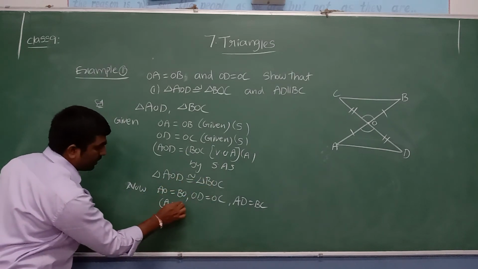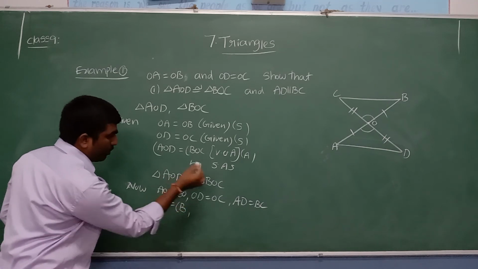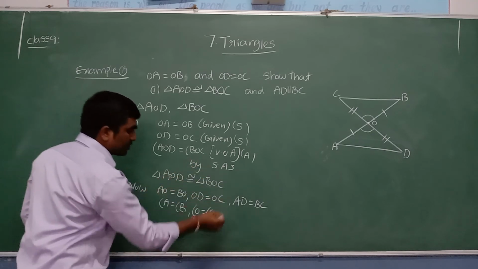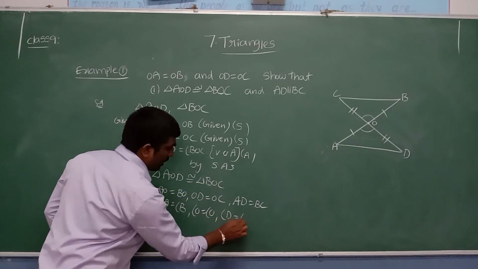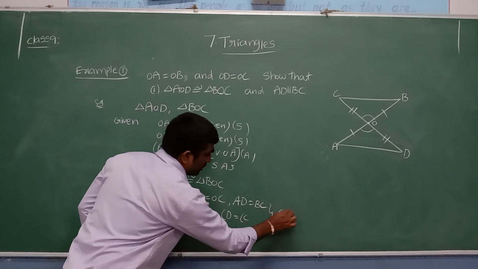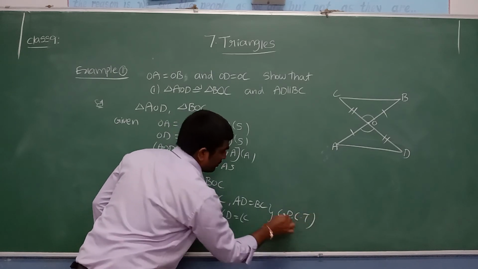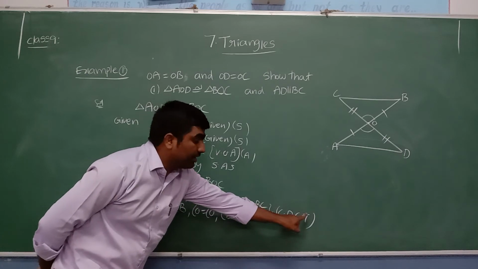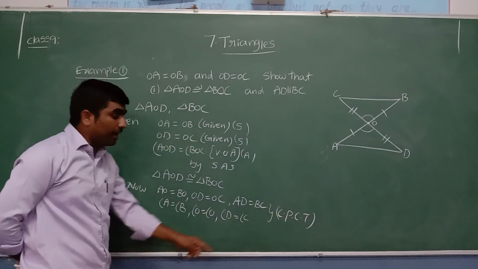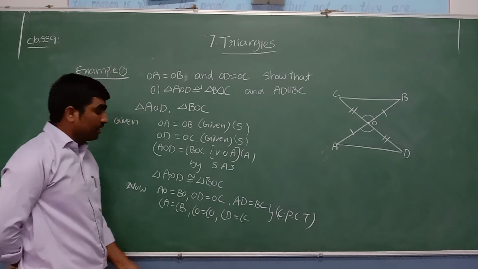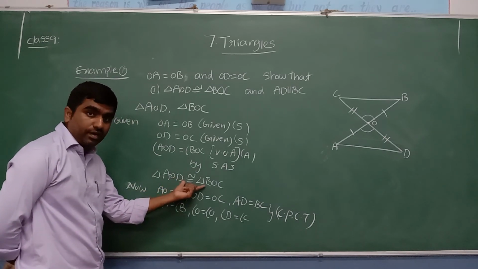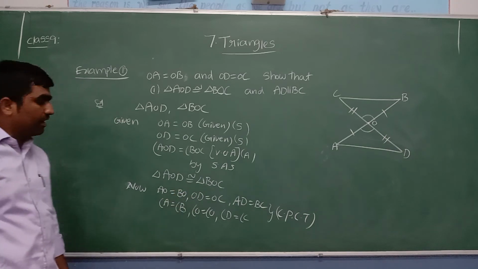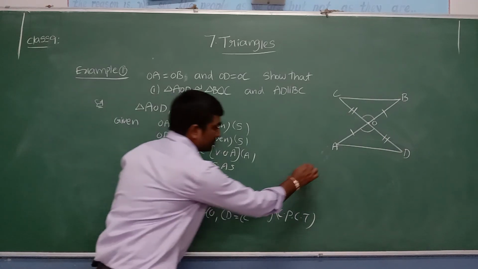Angle A is equal to angle B, angle O is equal to angle O, and angle D is equal to angle C. We write CPCT here. What is CPCT? Corresponding parts of congruent triangles. Once two triangles are congruent, their corresponding sides are equal and their corresponding angles are also equal.